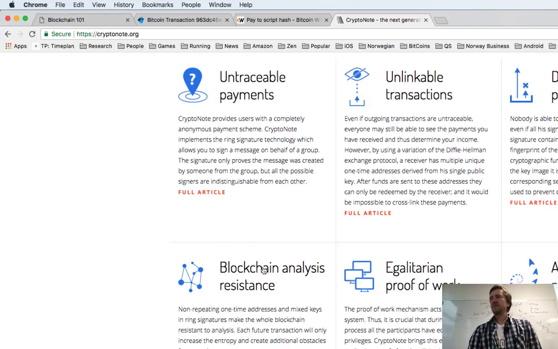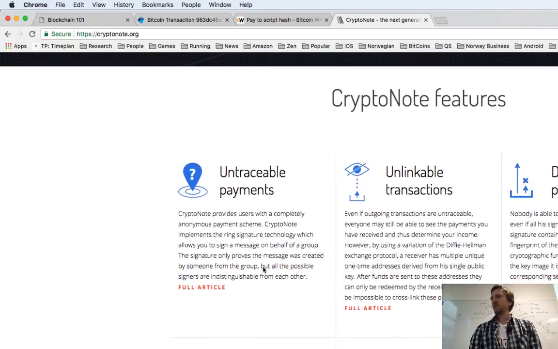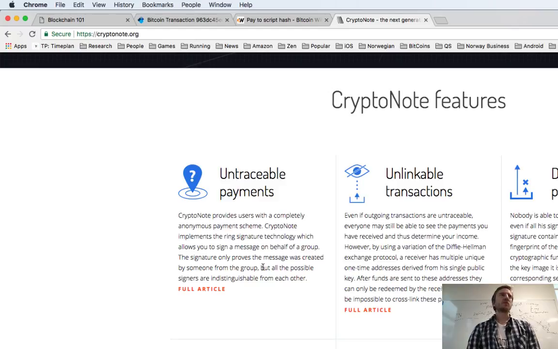They have blockchain analysis resistance built in, and they're using something called ring signatures. In ring signatures, we still use public-private key cryptography, but we hide who was the actual originator of the signature in a group, and it's provably impossible to de-anonymize the transaction used this way, right?